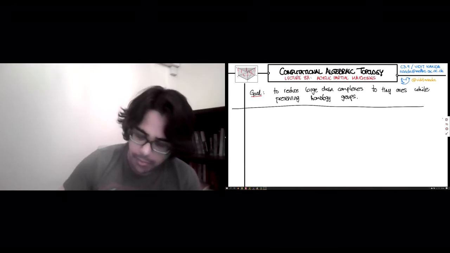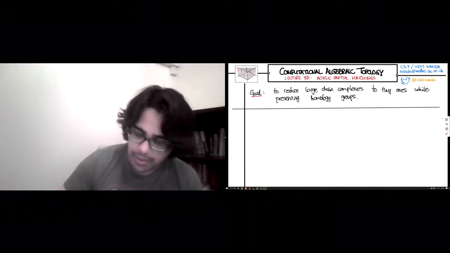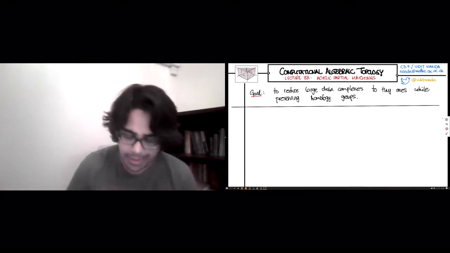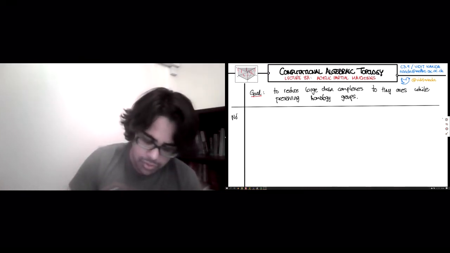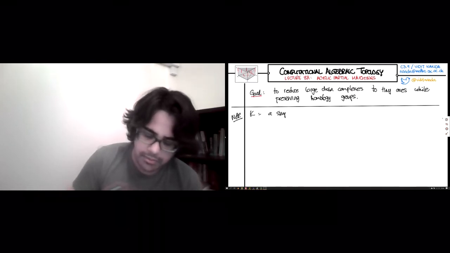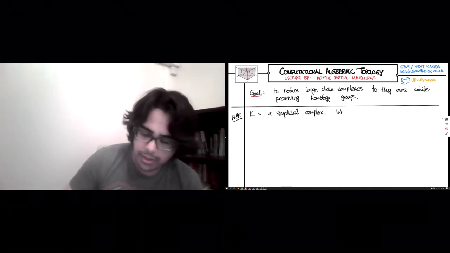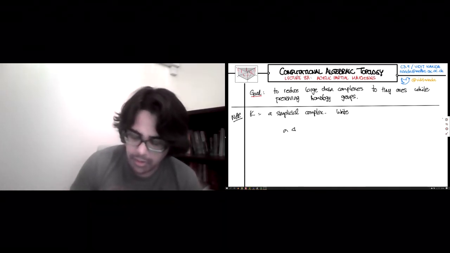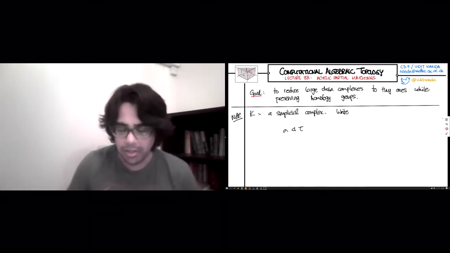So before we get started with anything heavy, here's just a bit of notation that's going to make life easy. So note, K is going to be a simplicial complex, which remains fixed throughout this lecture. And we're going to write the following new bit of notation, sigma less than with a bar tau.